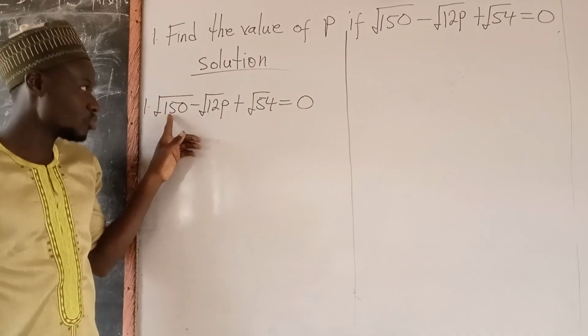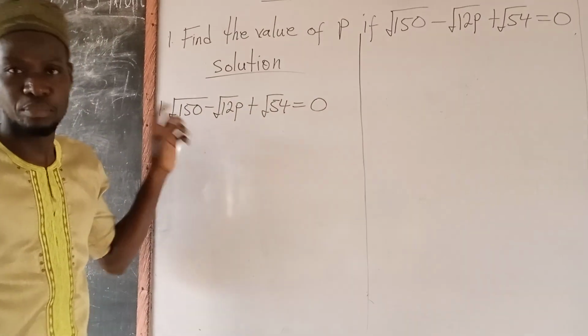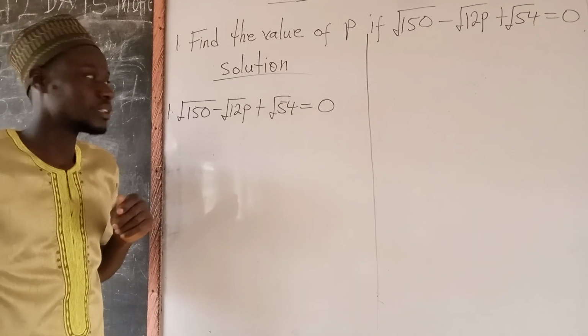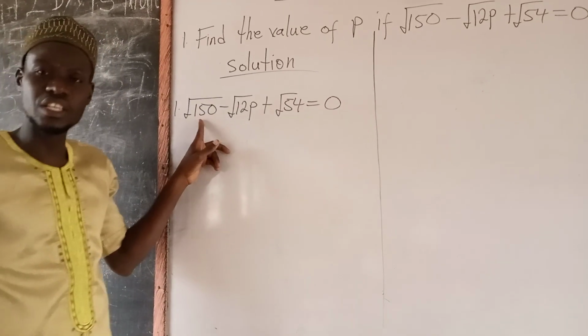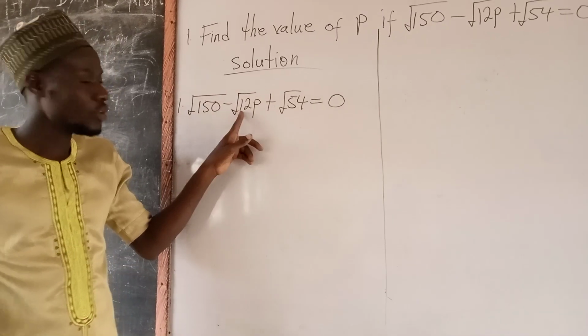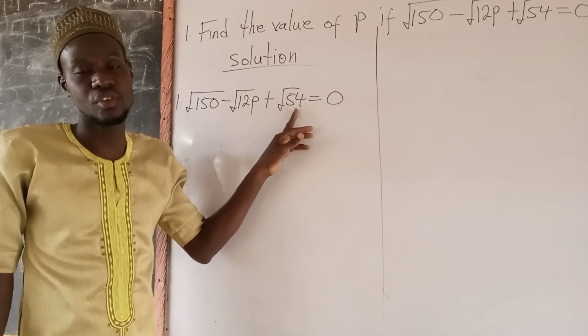So here, you realize that anytime you are given a question like this, the values under the roots most often are products of a perfect square and a particular number. So 150 is a product of a perfect square and a particular number. 12 is a product of a perfect square and a particular number. The same applies to 54.